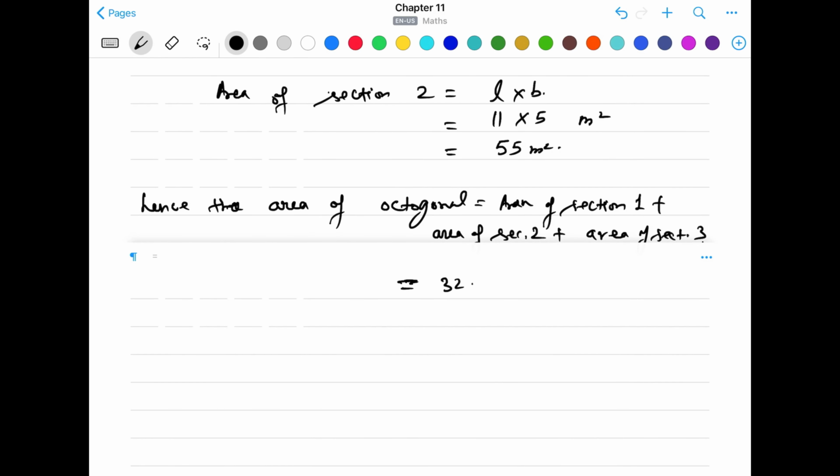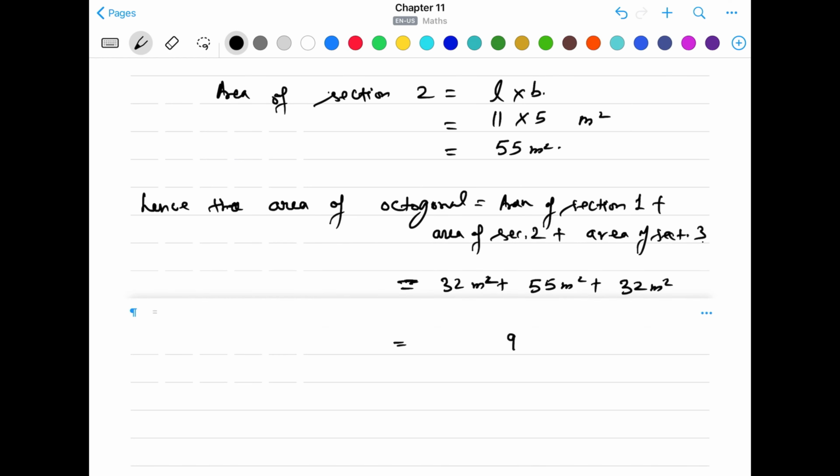That will be area of section 1 is 32 meters square, area of section 2 is 55 meters square, and again area of section 3 is 32 meters square. Now we have to add the 3 to get the area of the octagonal.